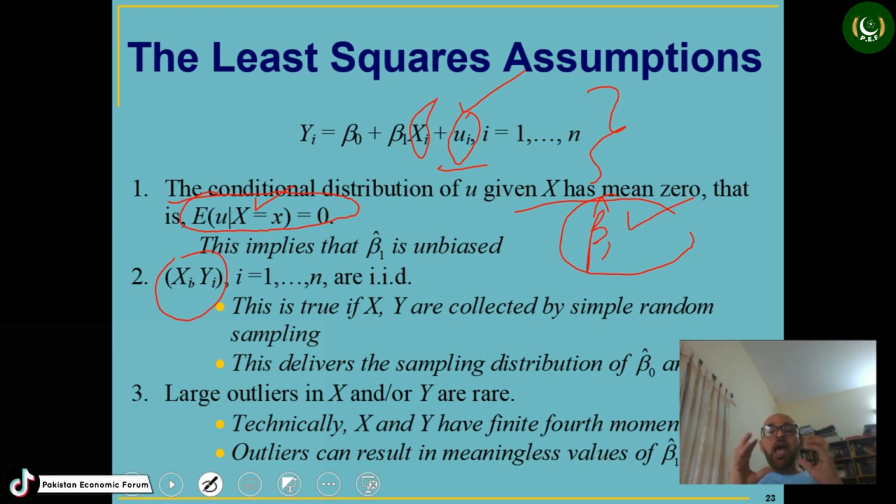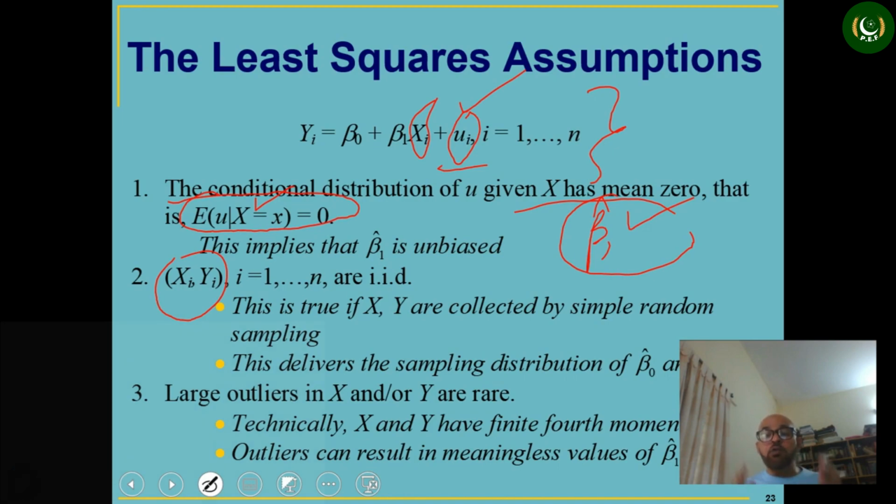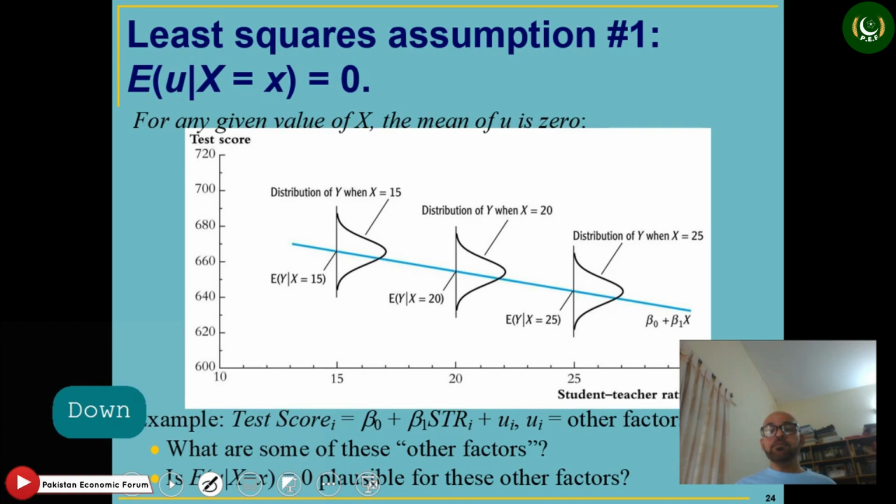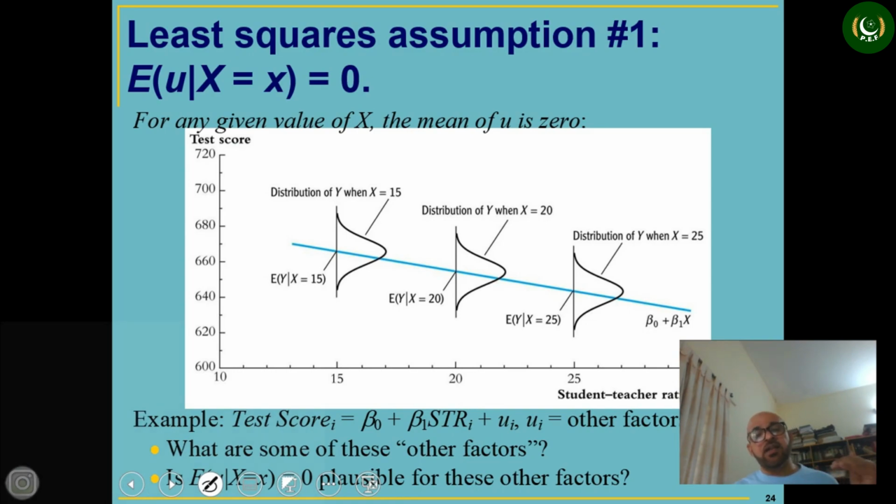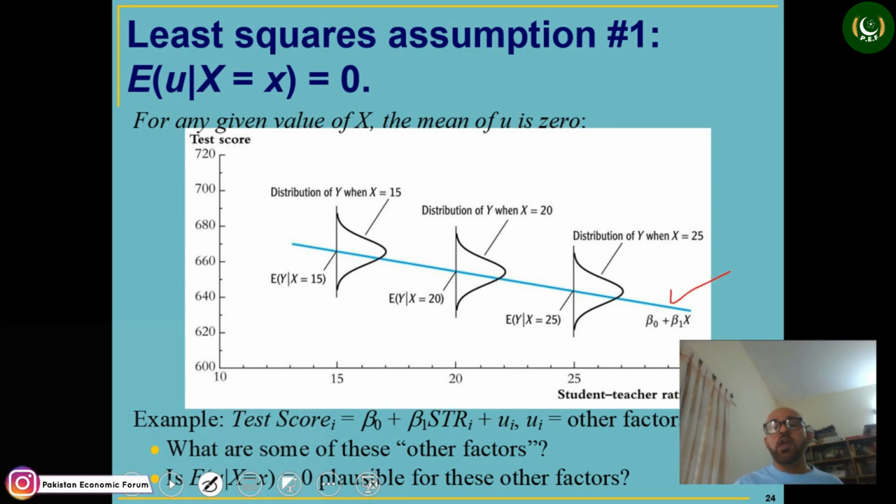Basically it means you should have a finite kurtosis, not a very huge value of kurtosis, a finite fourth moment. So in this case you have identically distributed data. That is, if class size is 15, 20, 25, you have more or less the same distribution, and that blue line passes through the average, so it's okay.